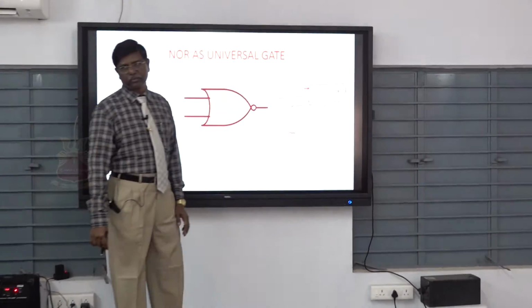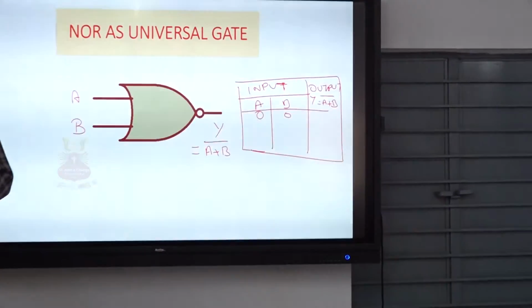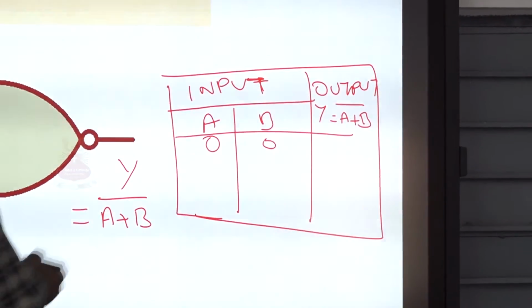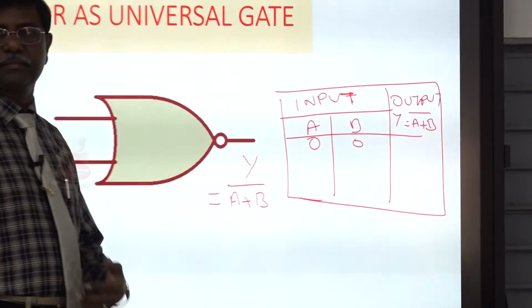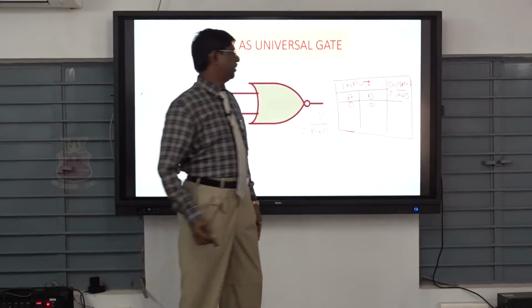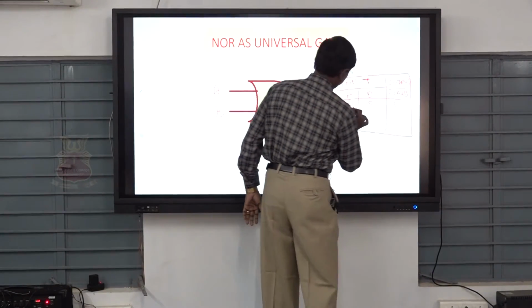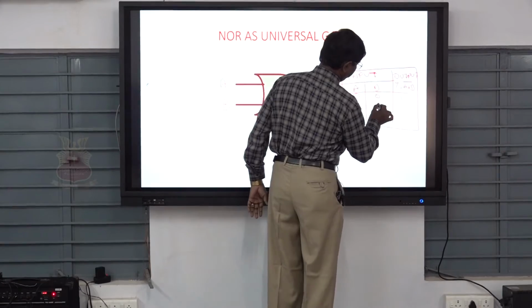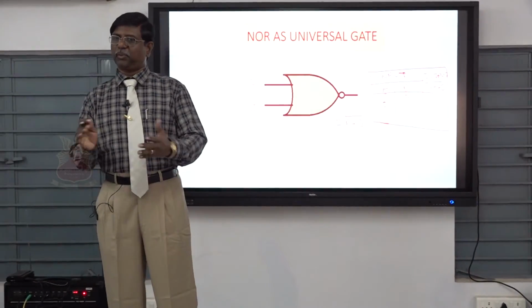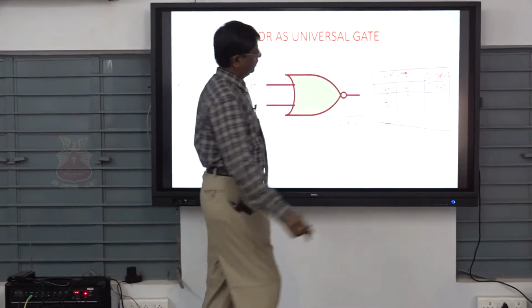So 0, 0 input. When the inputs are 0 and 0, what will be the output? 0 plus 0 is 0. 0 bar is 1. So we get 1. Then A is 0 and B is 1. In this case, 0 plus 1 is 1. So 1 bar is 0.